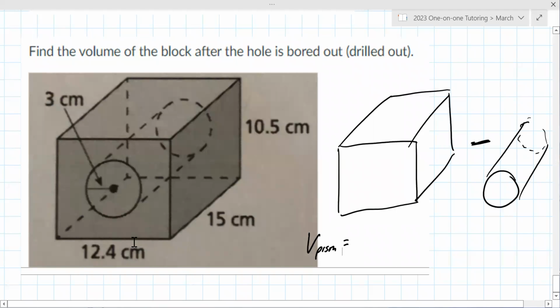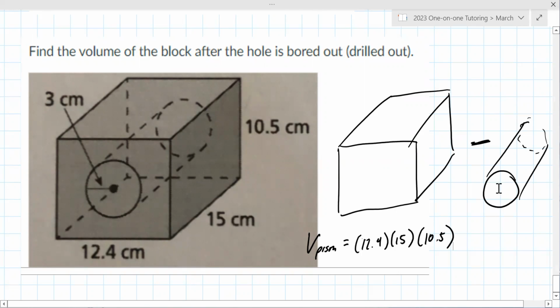I did the length times the width, and then I multiplied that number by 10.5. Yes, so 12.4 times 15 times 10.5, that's good.